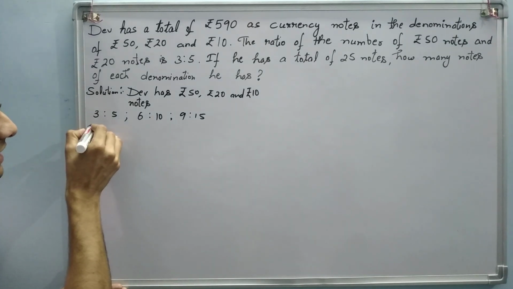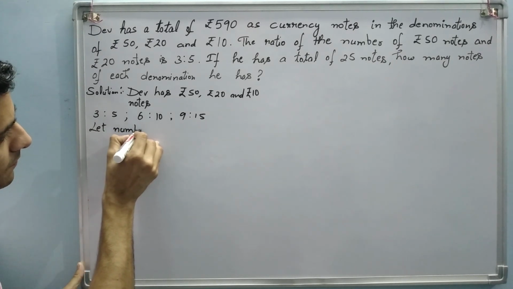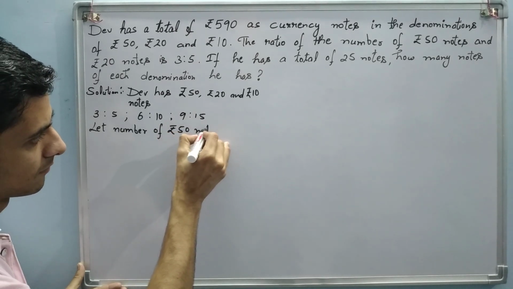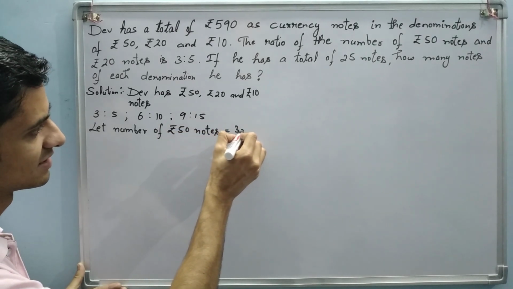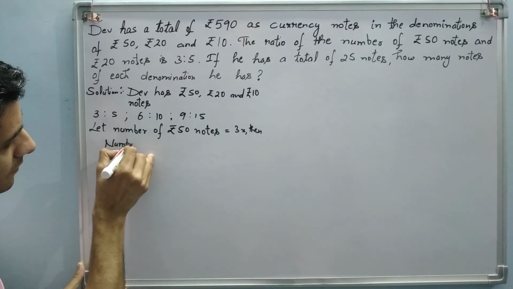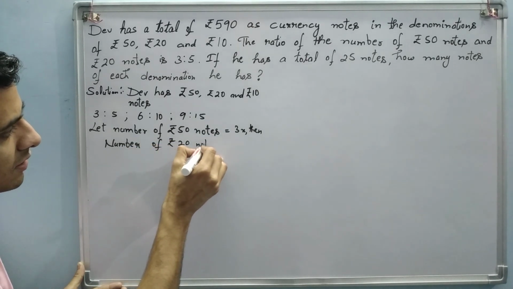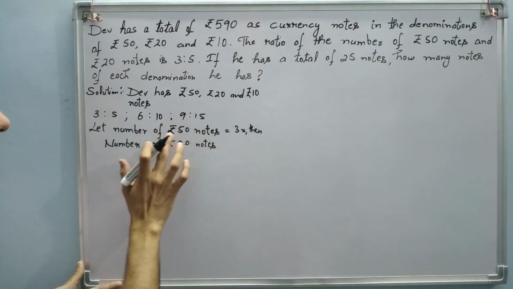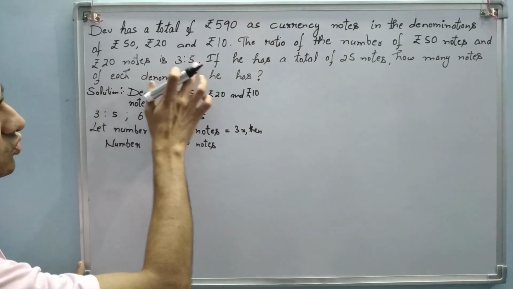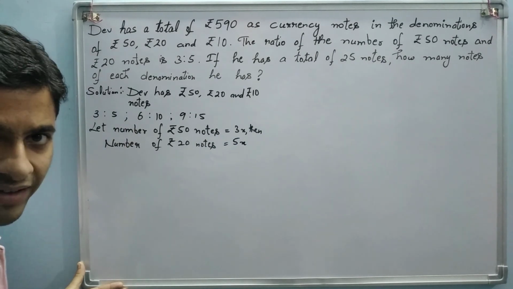So what we will write: let the number of rupee 50 notes be equal to 3x. Then the number of rupees 20 notes, if 50 rupee notes is 3x, then the ratio being 3:5, the 20 rupee notes will be 5x.